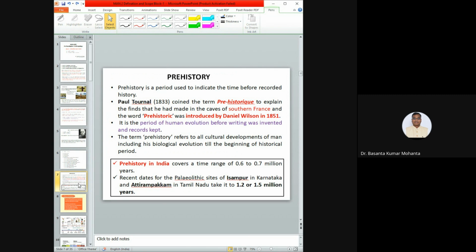Till the historical period means whatever we have in the past, and that is before the introduction, before the invention of writing. That particular territory belongs to the area of our prehistory.